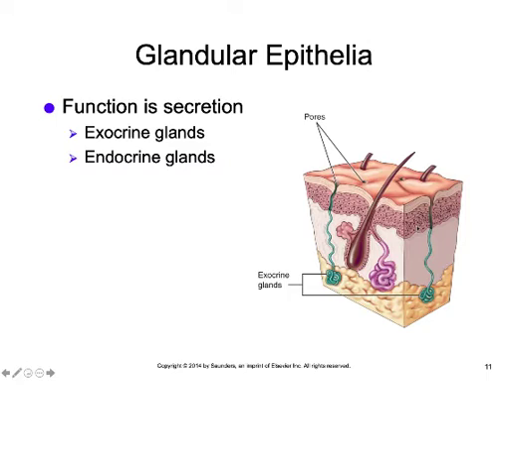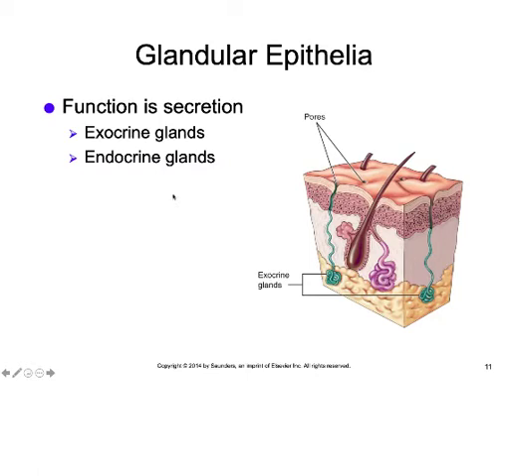Okay. Note that an exocrine gland is always defined by the fact that it has a duct, a pipe, through which the material is secreted, and that differs from endocrine glands, which are found scattered throughout the body.